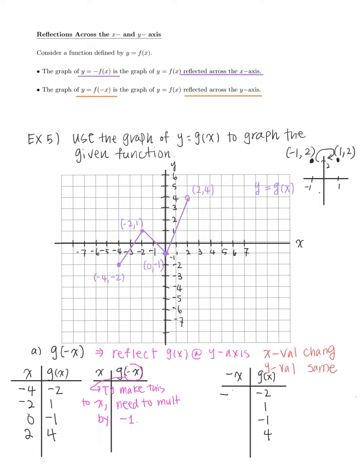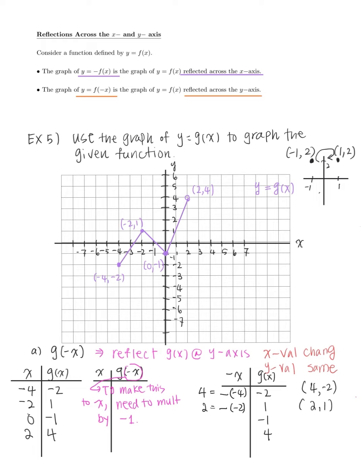So here we're going to have -(-4), which is going to be +4. So we're going to be plotting (4, -2). All right, and the next one is going to be the negative of -2, so that's going to be +2. So we're going to be plotting (2, 1).